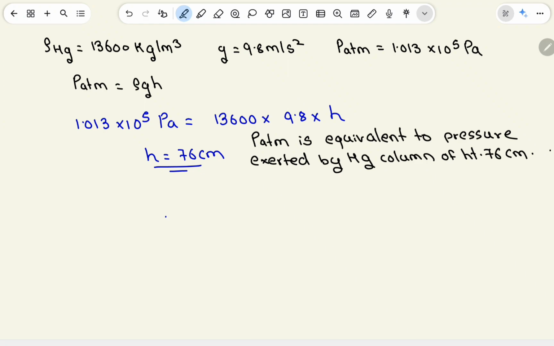So this exercise basically gives us a new methodology of representing pressure, which is in terms of height of mercury column.